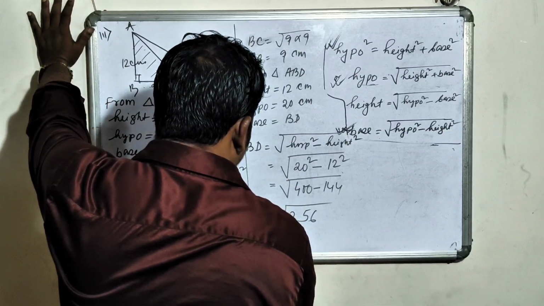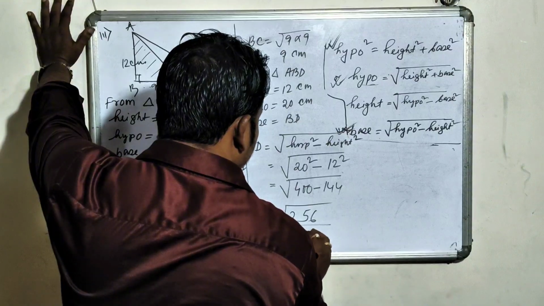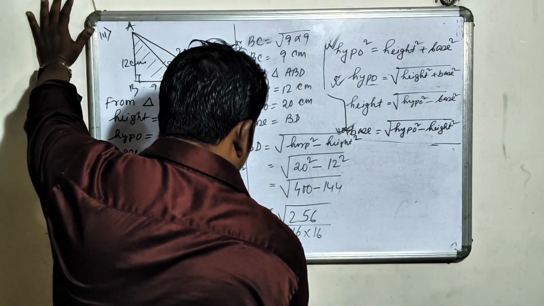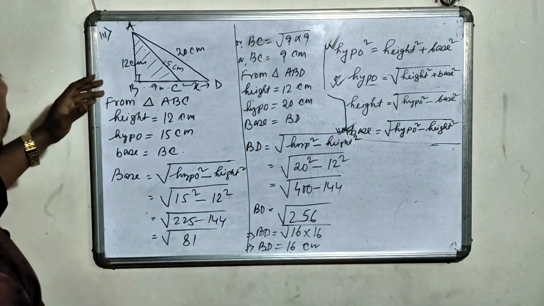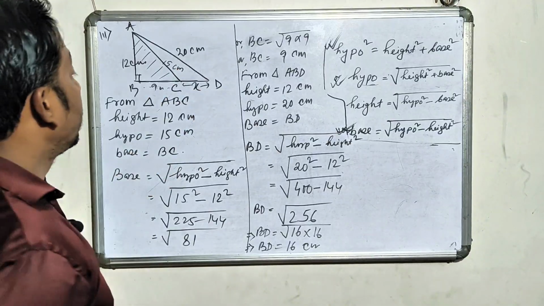BD equals to root of 16 into 16. BD equals to 16 centimeter. So we get the value BD equals to 16 centimeter.